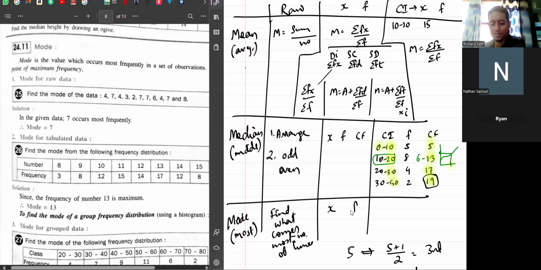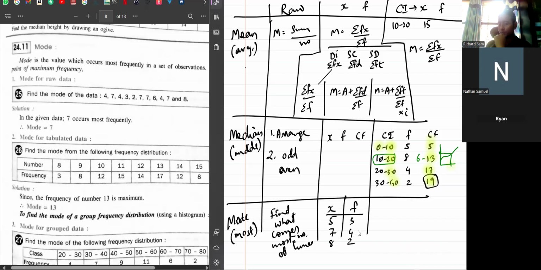Next, if you have x and f, if x 5 comes 3 times and 7 comes 4 times, and 8 comes 2 times, which is the mode here? X is the data, f is the frequency, number of occurrences. So which is the mode over here? 7 is the mode.